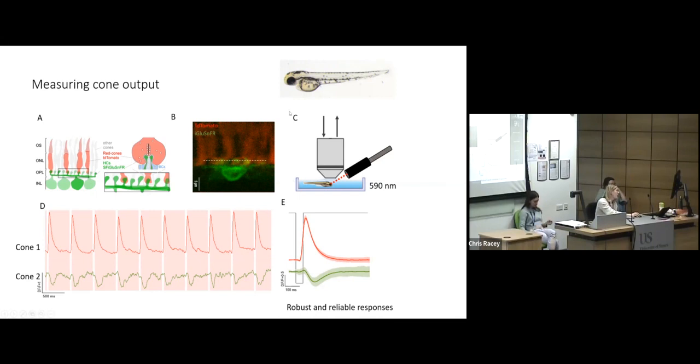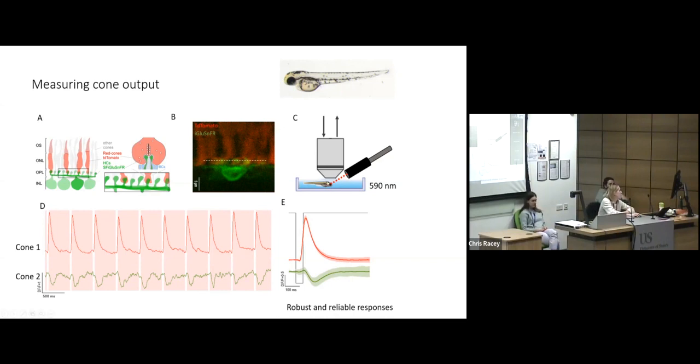The zebrafish that I use express a glutamate sensor called iGluSnFR in the horizontal cells, which are postsynaptic to the photoreceptors. Every time a glutamate molecule hits the sensor, it will light up and give a signal. So it's kind of like an antenna, telling me what's being released from the photoreceptor.